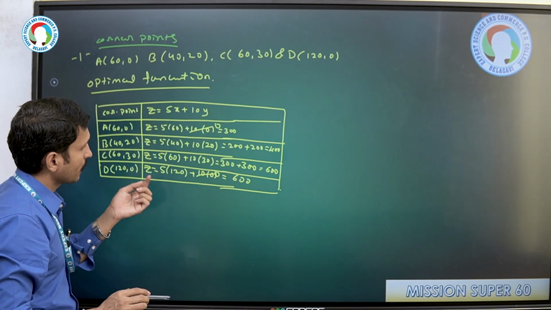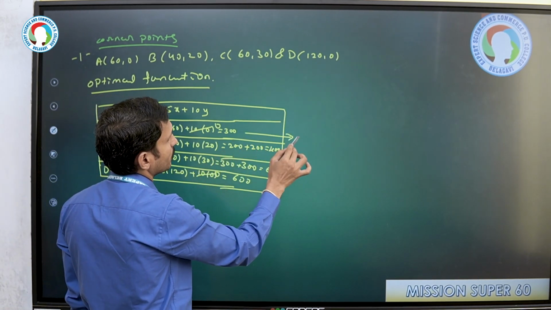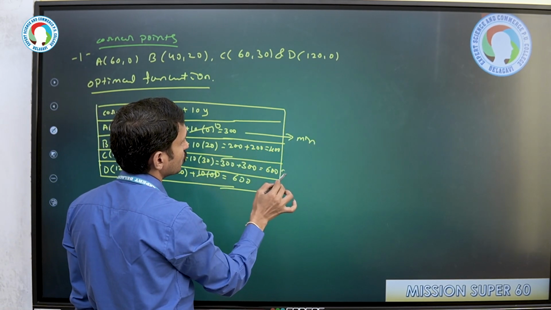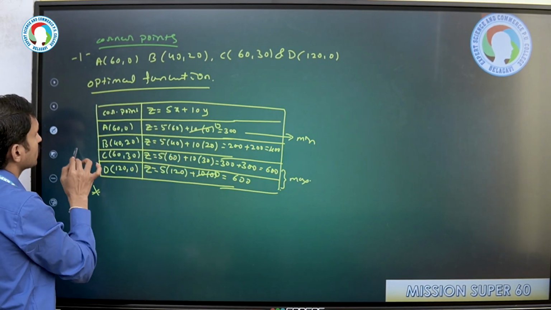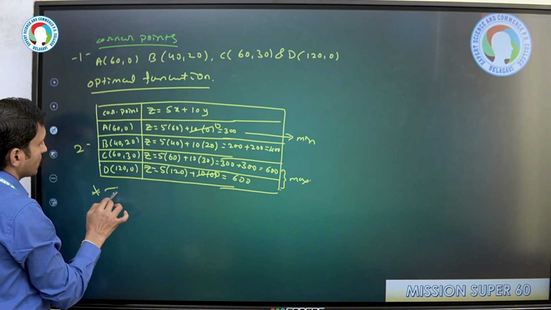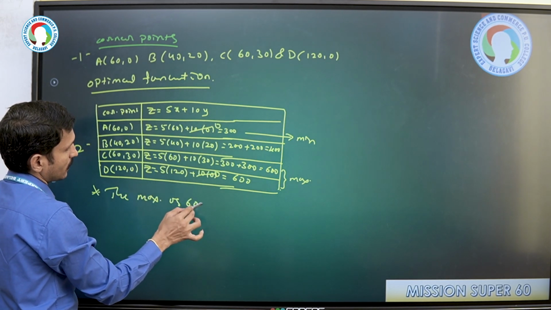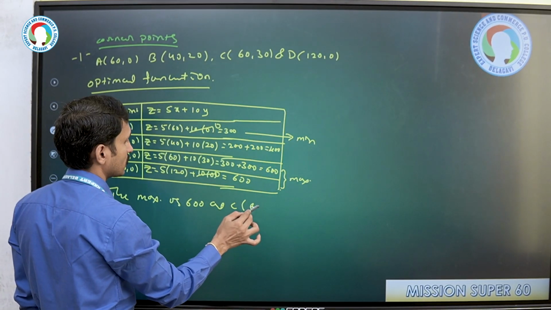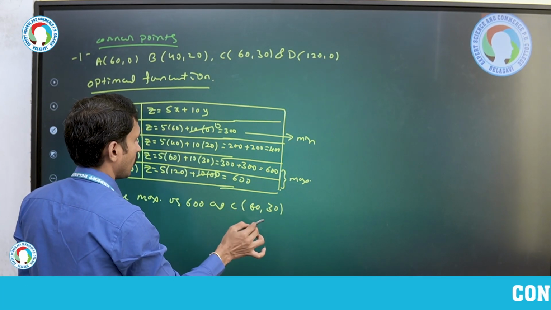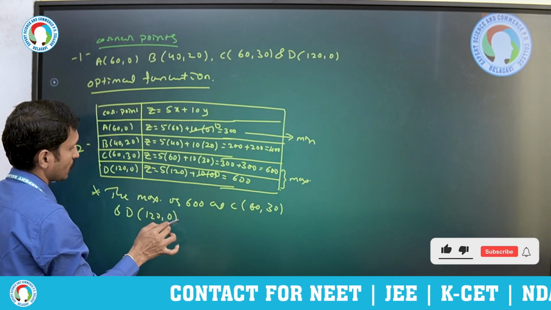Which one is the minimum? This is the minimum. These two are the maximum. So you should write here, this is for 2 marks: the maximum is 600 at C of 60 comma 30 and D of 120 comma 0.